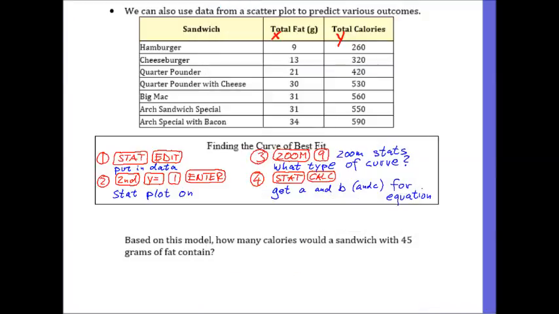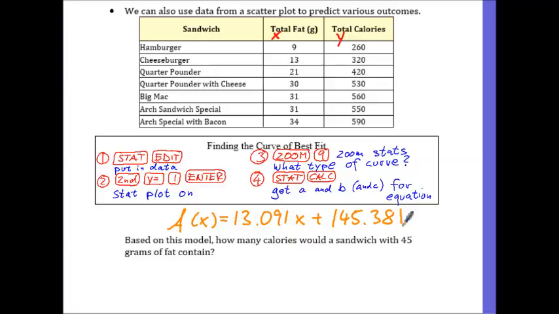Let's write down our equation. f of x is equal to 13.091x plus 145.381. This is the linear regression equation that we can draw from the data given in the table above.